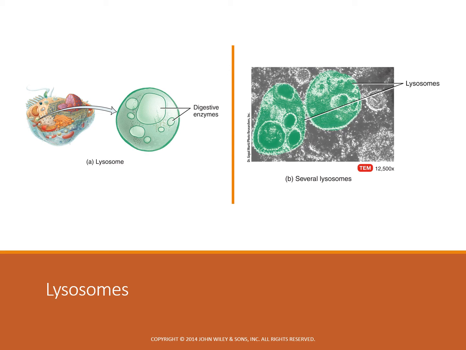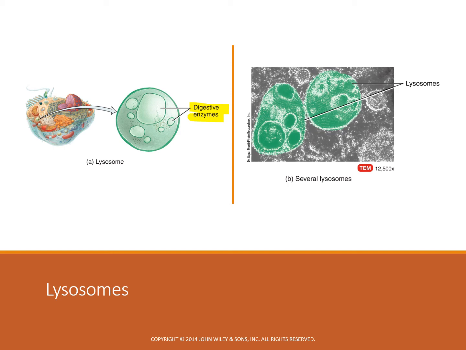So then lysosomes are organelles that are enclosed vesicles that form from the Golgi complex, and they contain many powerful digestive and hydrolytic enzymes. So that's going to be their main thing. They're going to have a lot of these digestive enzymes.